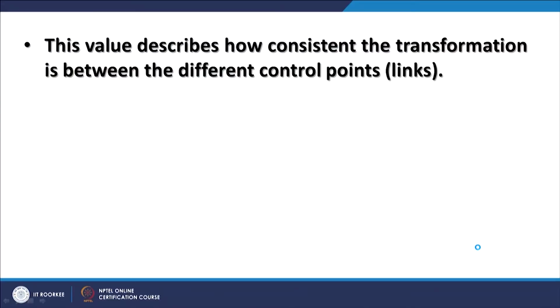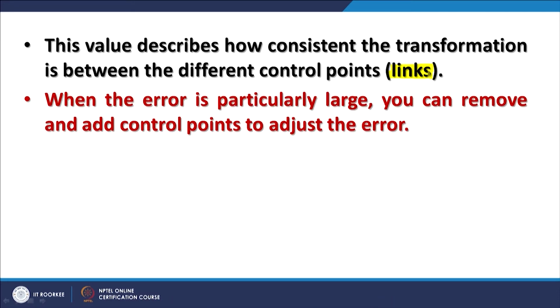So this value describes how consistent the transformation is between the different control point lines, which in ArcGIS parlance are called links. And when the error is particularly large against an individual link, you can remove and add control points to adjust the error. While doing this, you immediately know the errors. Once you have collected 3 points and go for the 4th, you start getting the errors.